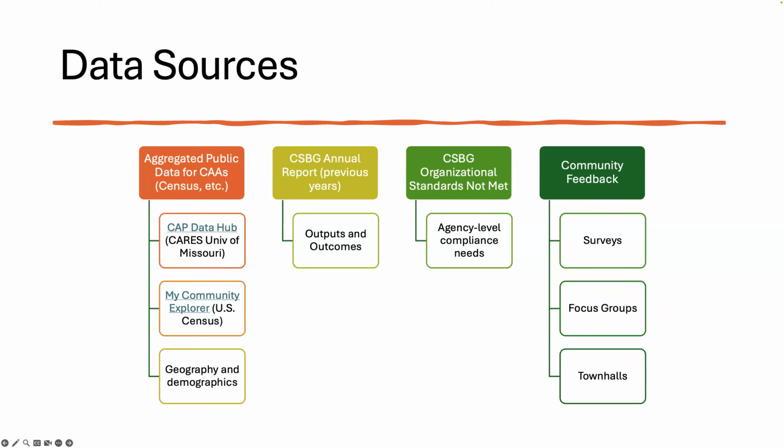It's helpful to take a look at more than one previous year's data so that you can detect trends in your data. So looking at CSBG annual reports is really, really helpful. If you do not have access to your years 2023 and prior, reach out to CalCAPA or any of the other associations across the network, and we should be able to get access to past reports and a little bit of analysis.